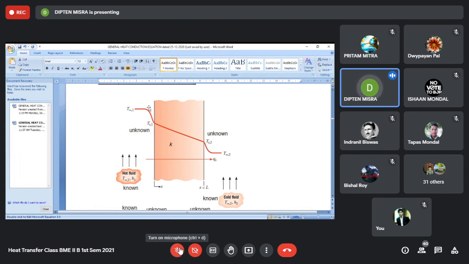But if you go outside the boundary layer, you see the temperature is constant here and here. On that region where the temperature is constant, it is called a free stream zone. And the region within which the temperature varies near the boundary is called the boundary layer.